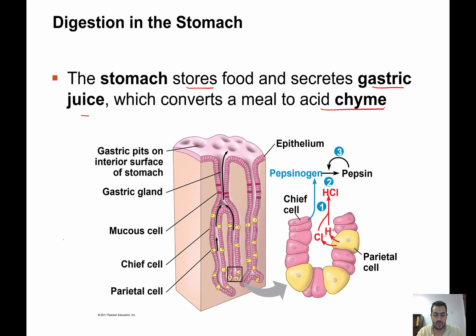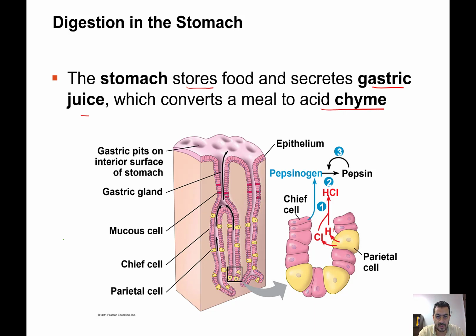And if we go through the anatomical features of the stomach, this is the interior surface of the stomach, and it has these gastric pits. These are like pores, and what will be secreted through these pores will be coming from the lumen.